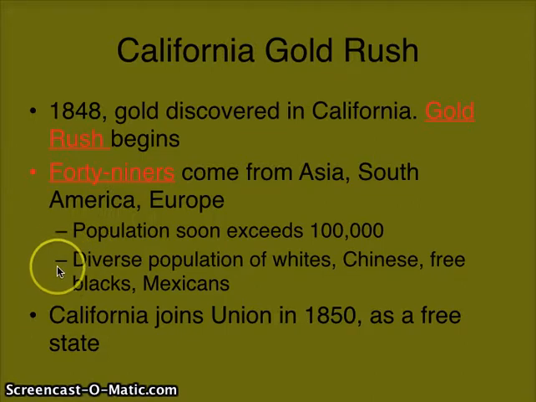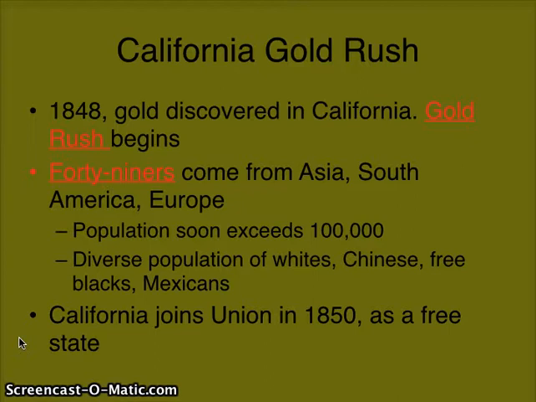Also, California ends up becoming one of the most diverse populations. There are many white people, of course, but there are Chinese and also free blacks. Some of the richest African Americans at the time were the ones living in California. We also, of course, have Mexicans.